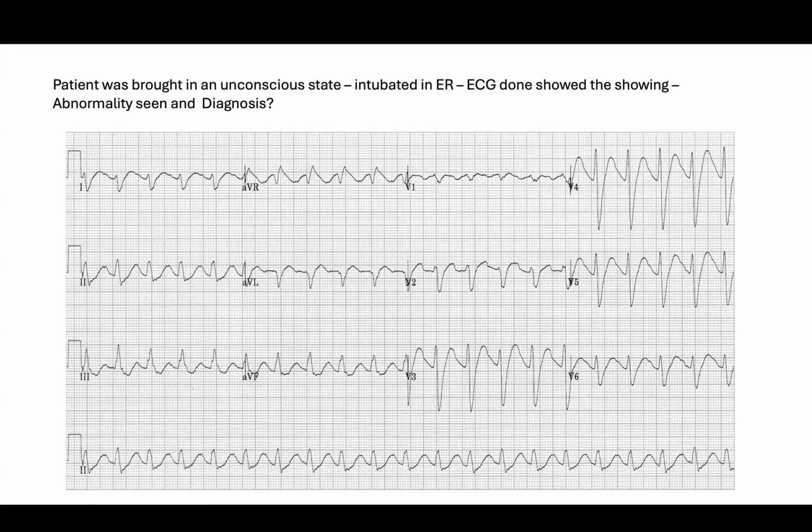Yes, it is a drug toxicity. It would be nice to elaborate on the drug toxicity. Okay, TCA poison, excellent. But based on what findings did you say it is a TCA? Okay, sinus tachy, excellent. Wide QRS, excellent. Okay, fine. There are a few other things also you need to see. All right, it is a TCA overdose.